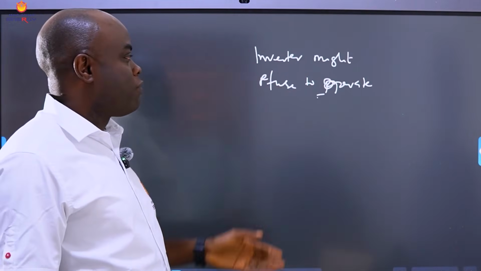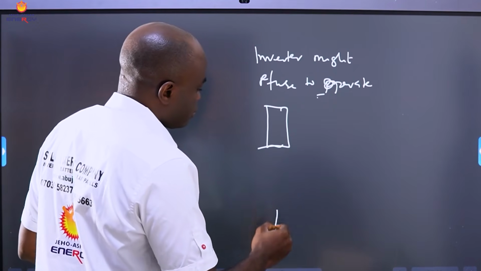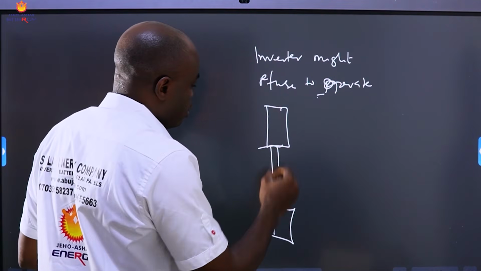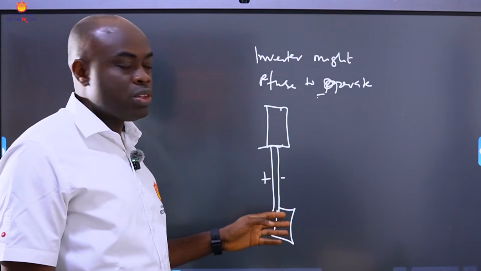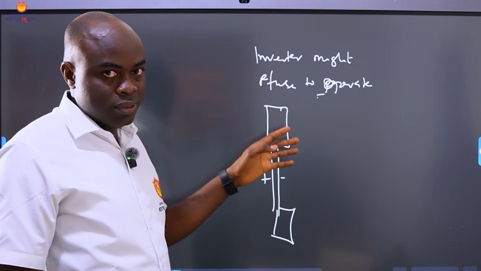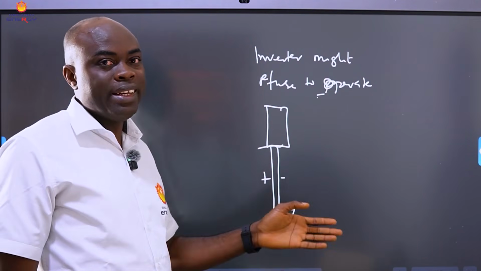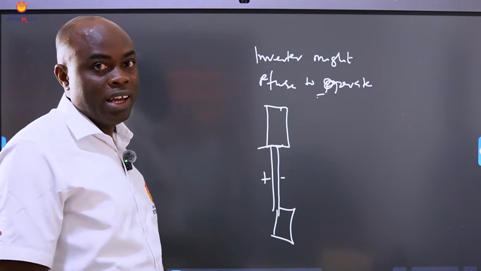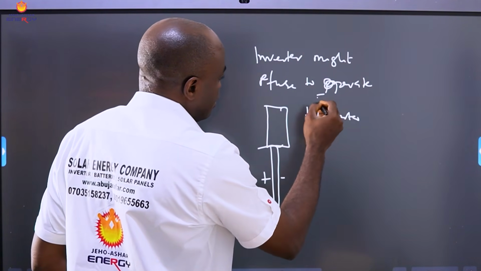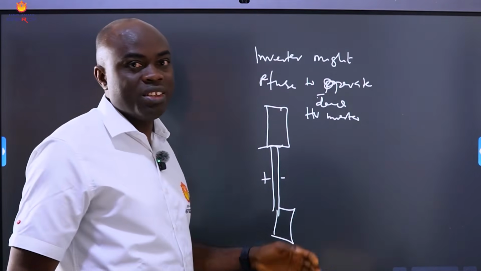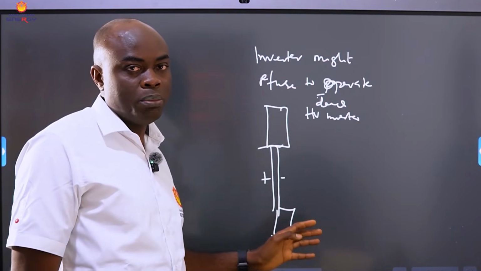When you don't have a communication cable between your inverter and your battery, this is your battery positive and negative, the inverter might refuse to operate, because most inverters nowadays are excluding flooded and AGM from their design. Like for example, the Jeho high voltage inverter doesn't have a section where you select flooded or AGM, because it only works with lithium battery.